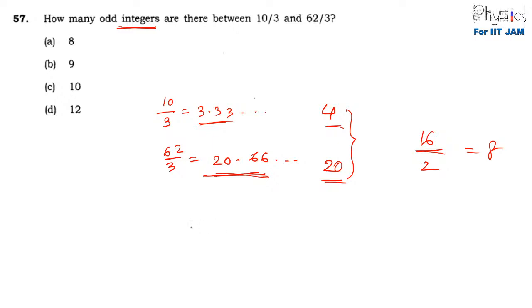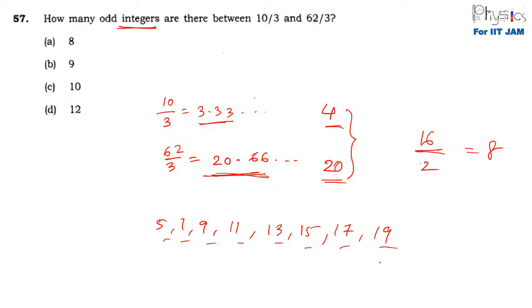Now, just check it once. What are the odd integers between 4 and 20? 5, 7, 9, 11, 13, 15, 17 and 19, right? So 1, 2, 3, 4, 5, 6, 7, 8, right?